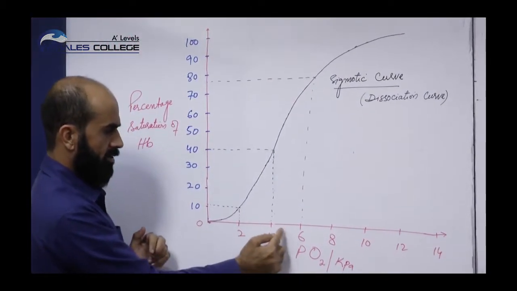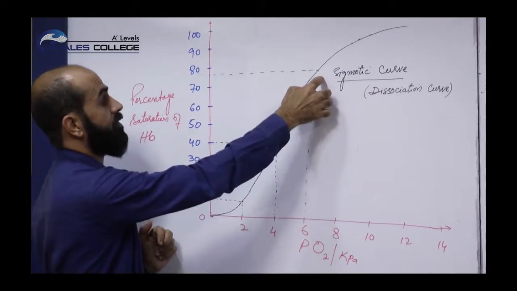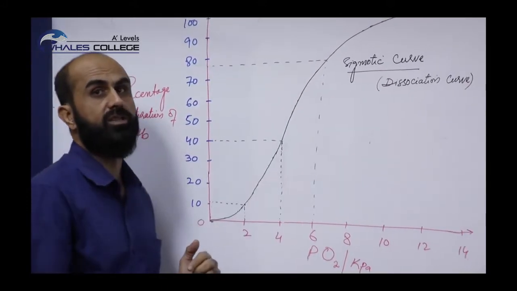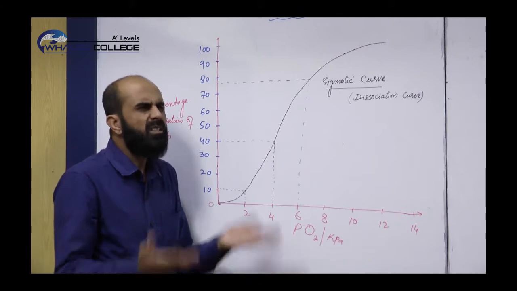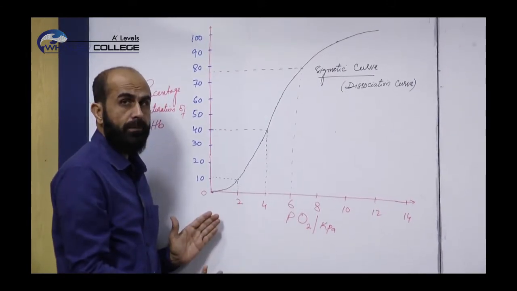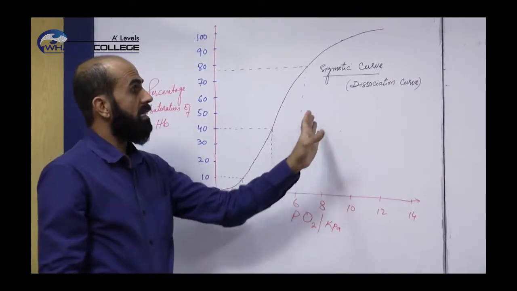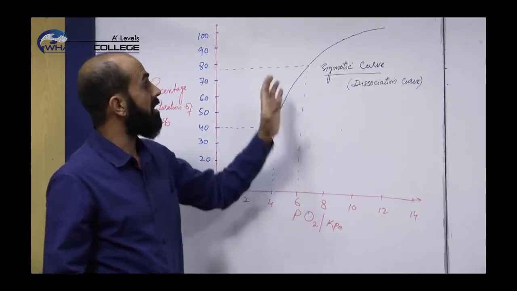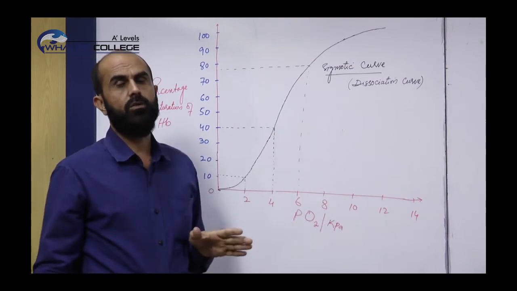And a further increase from 4 to 6 brings a lot of change again, it's about 78%. Why? It doesn't make sense. If there's an equal increase in pressure, why not equal percent saturation? That's why we got a somewhat anomalous curve, the S-shaped dissociation curve.